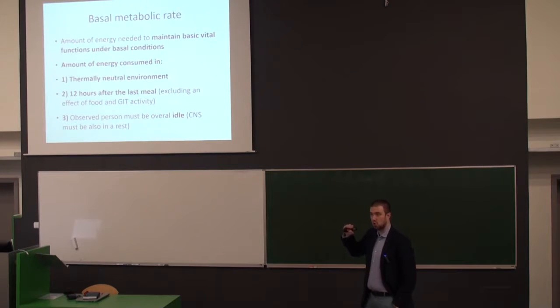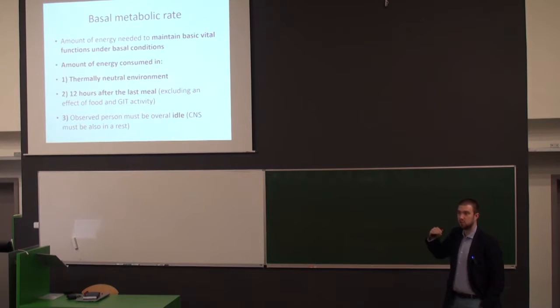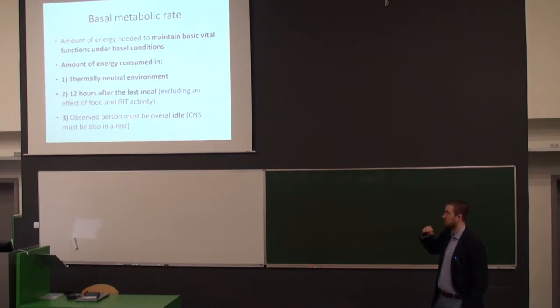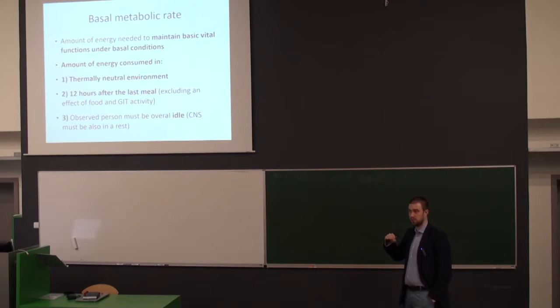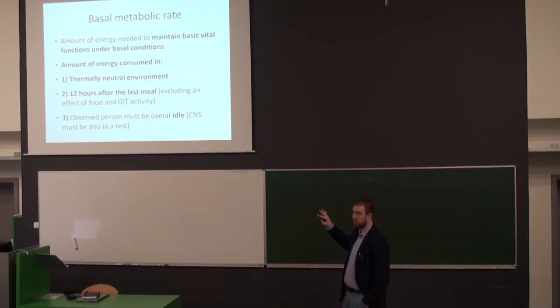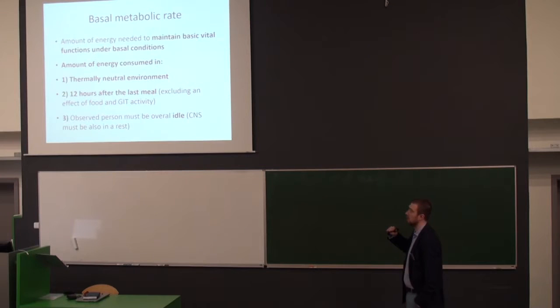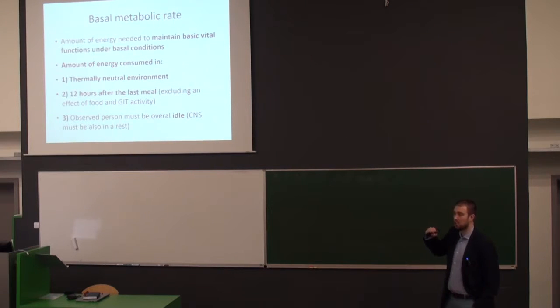Since this is also some additional work that your body must do, and therefore it's not necessary for the basic vital function. So if you fulfill these three conditions, and you measure the energy consumed in the patient or in the person, you will calculate the basal metabolic rate.